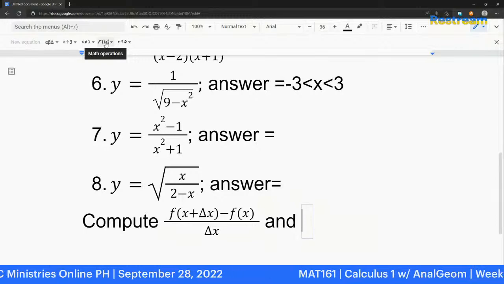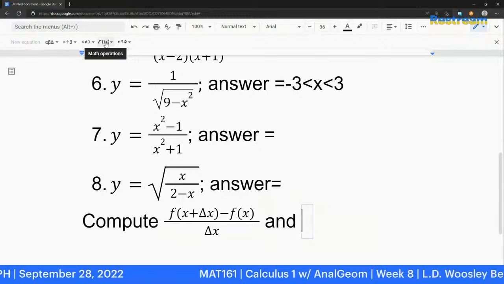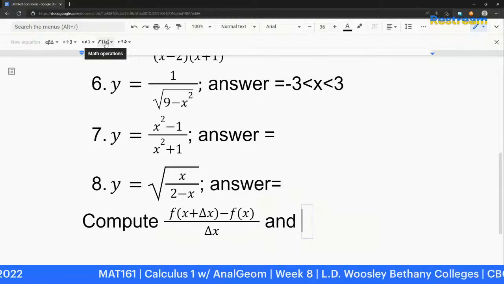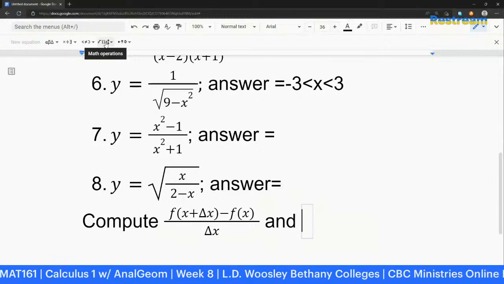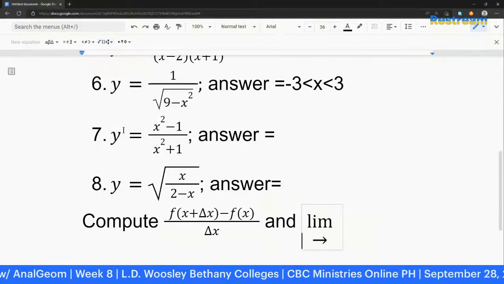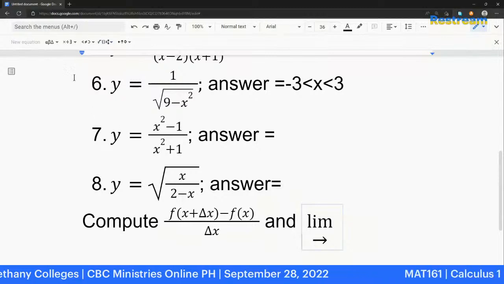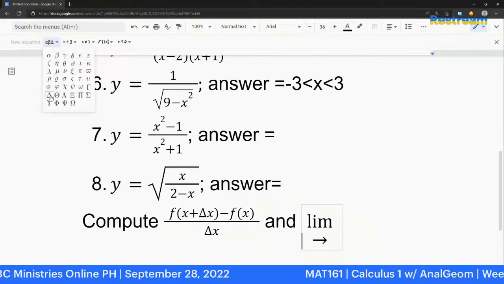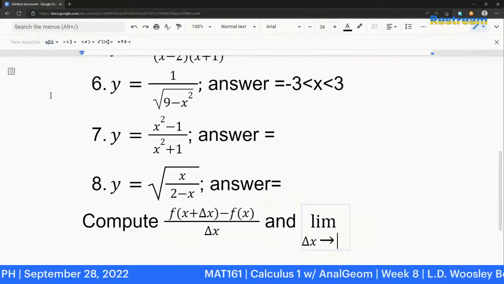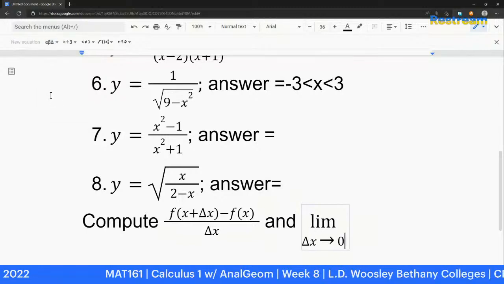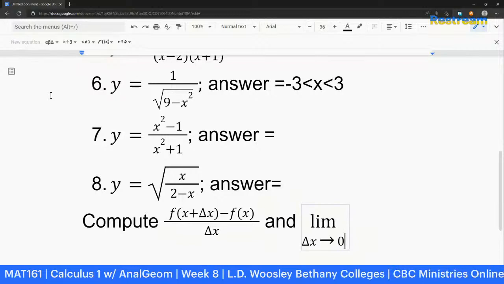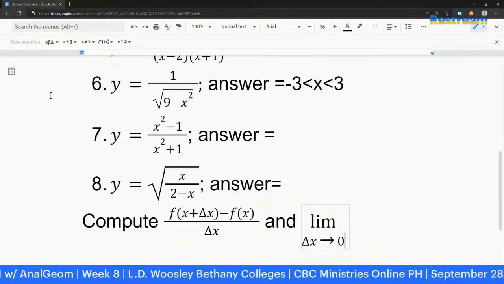One will solve for the definition of that function and the limit. Guys, pag na-solve nyo na yon, solve nyo rin yung limit as delta x approaches 0.